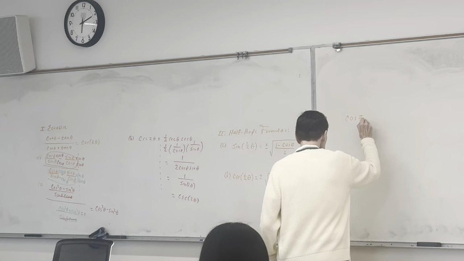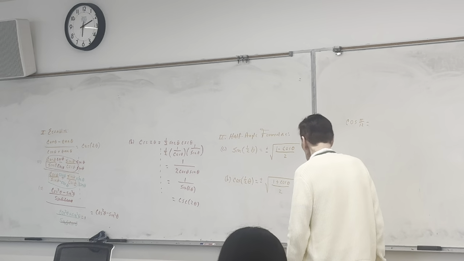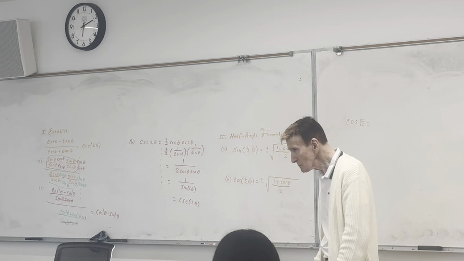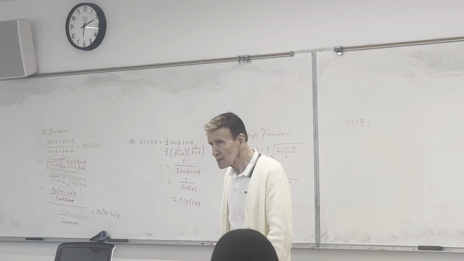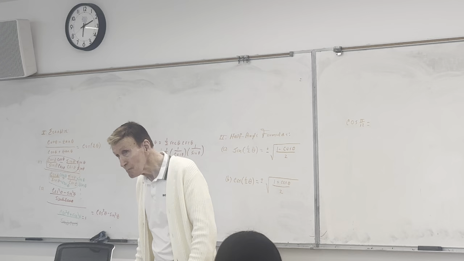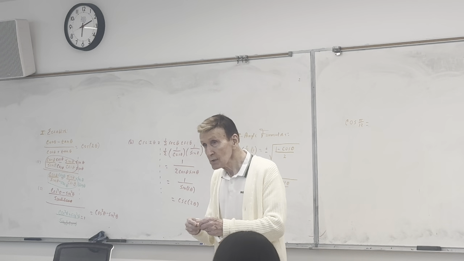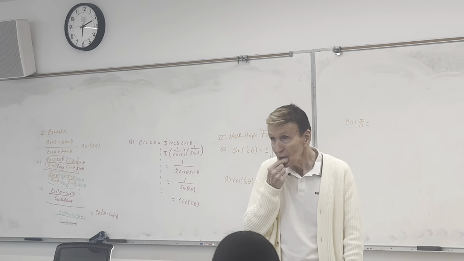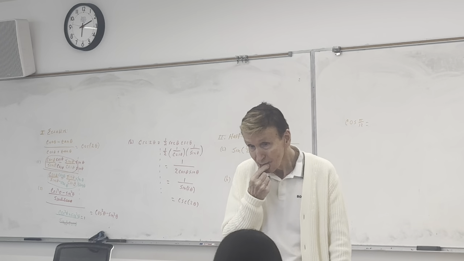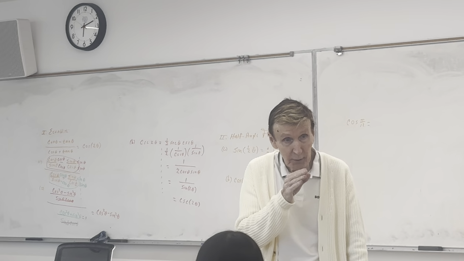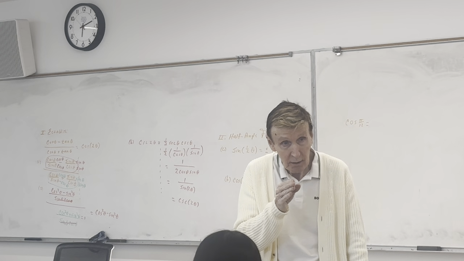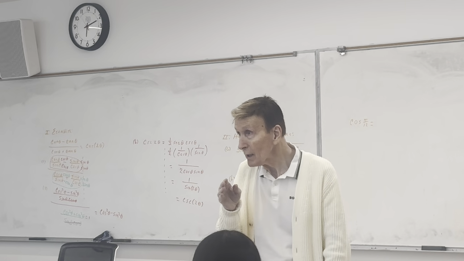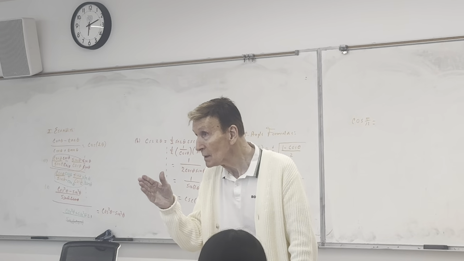Now, I've got a little short story about this one. Cosine of pi over 12. On my final exam, one semester, I asked students to find the value of cosine pi over 12. Did we deal with pi over 12 before the break? I think pi over 12, if you convert it, is 15 degrees.